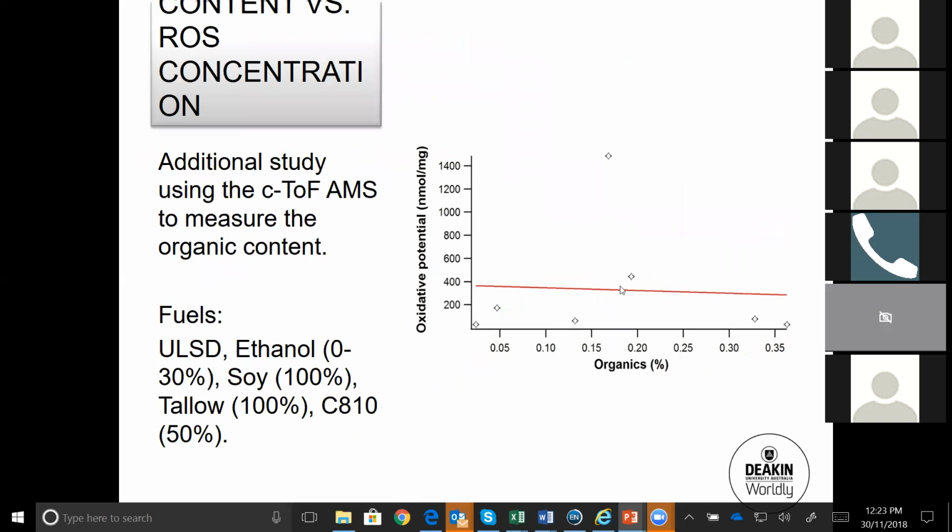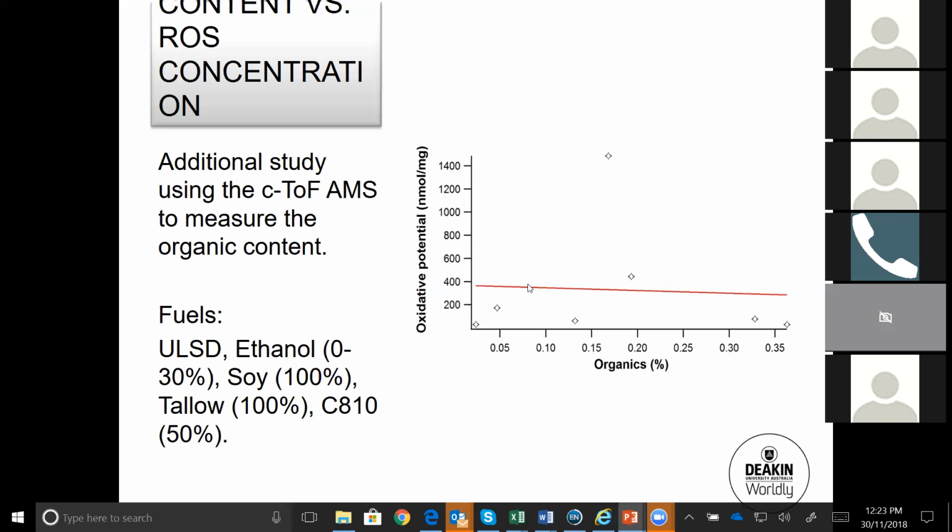This is an additional graph demonstrating that I was using different fuels. Different fuels were used to demonstrate the different composition of the precursors of combustion. That was the easiest, and then I was just calculating the total organic component measured and relating it to the total oxidative potential, and the relationship was actually not good.